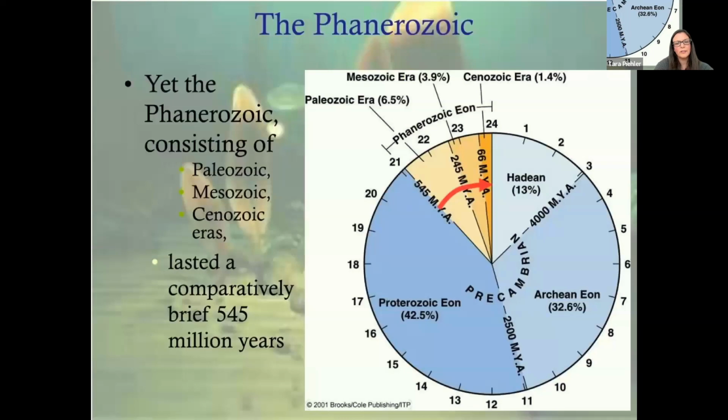All right, so this is a really cool illustration or diagram, I guess. In all of the history of the Earth, what eon engulfs most of the history of the Earth?